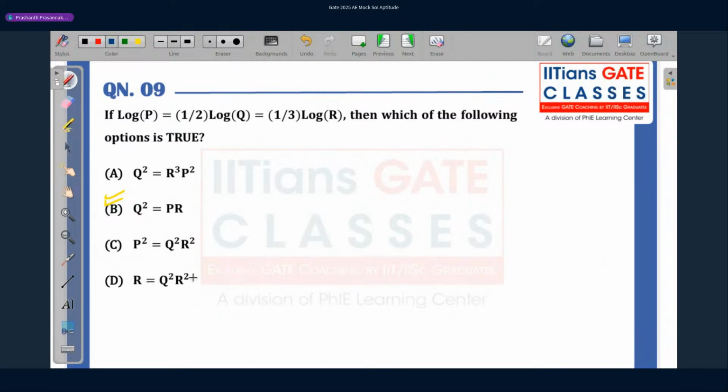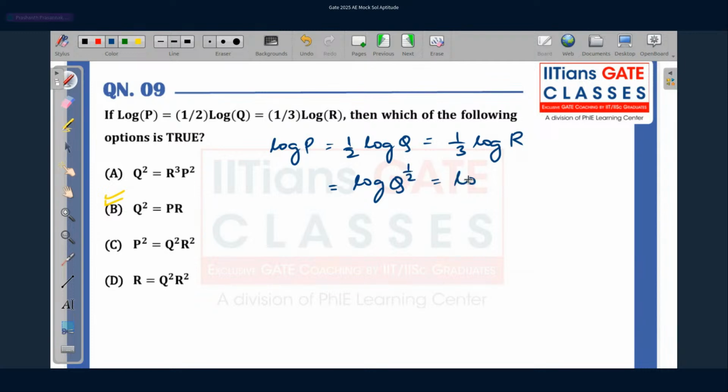And try to get one of the options as the result. So I have log p is equal to 1 by 2 log q, which is equal to 1 by 3 log r. Now this middle term I'll write as log q raised to half, and the last term I'll write as log r raised to 1 by 3.